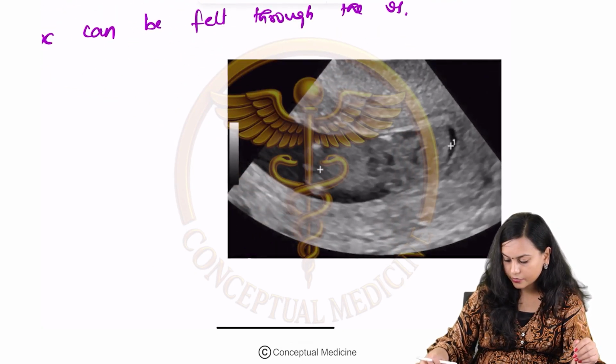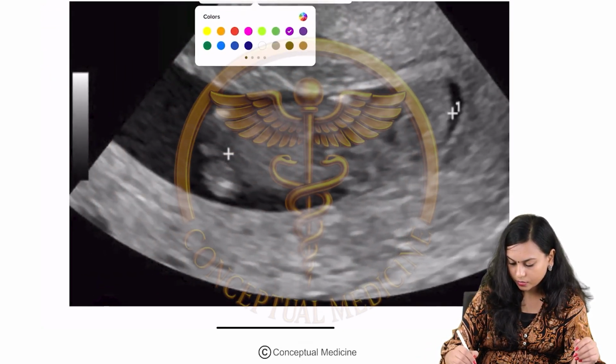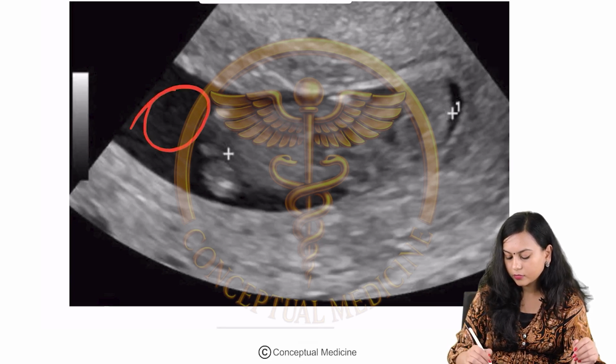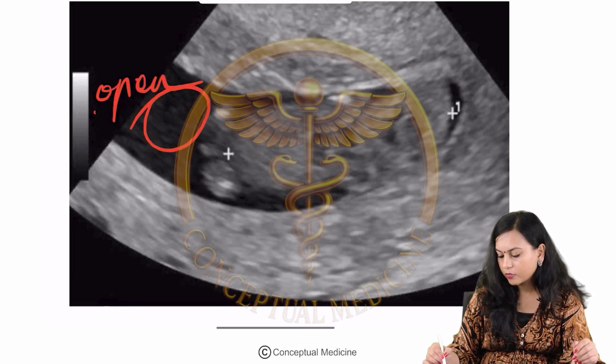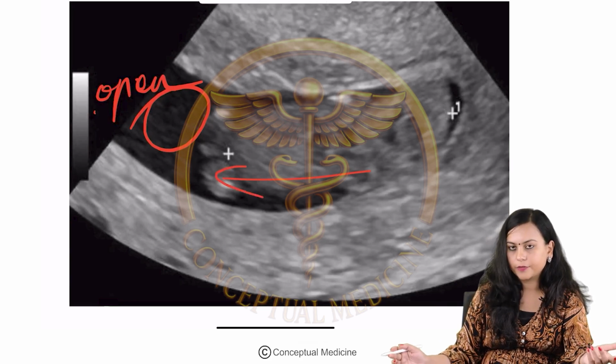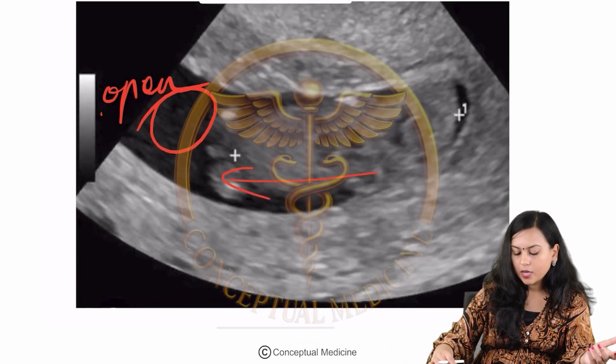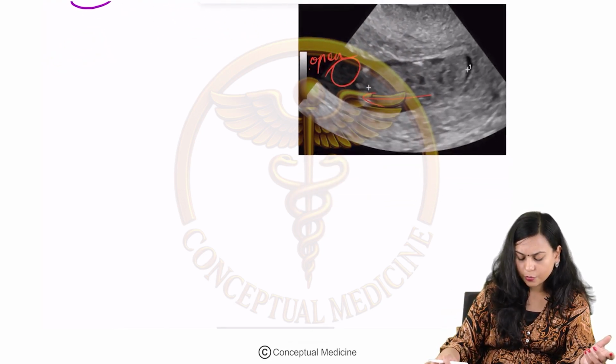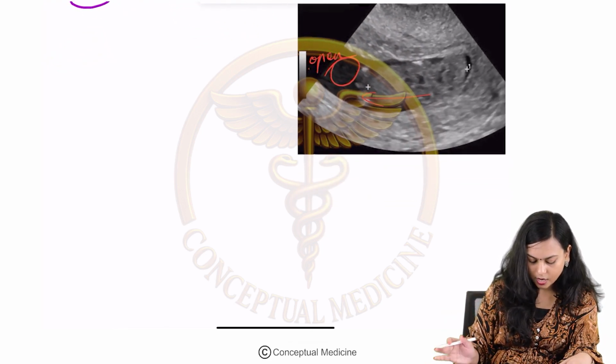So, this is another ultrasonogram picture to help you understand clearly. See, the os is open. The os is clearly open, and this is in the process of expulsion. Usually it will come at the level of the cervical os, or it may even protrude through the os.